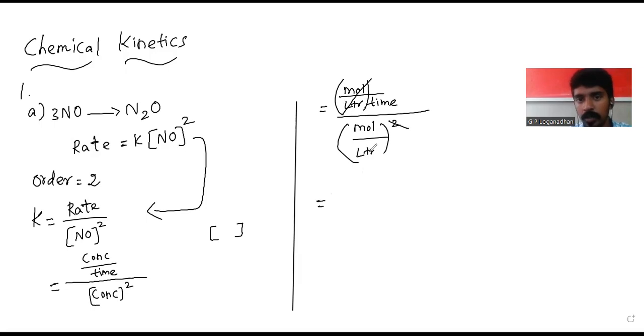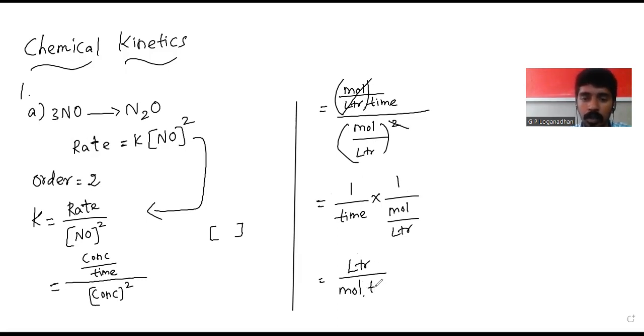In the numerator we have 1 by time multiplied by the denominator, which has mole per liter. So you take this liter to the numerator, then it is liter by mole into time. Or you can say mole inverse liter time inverse.